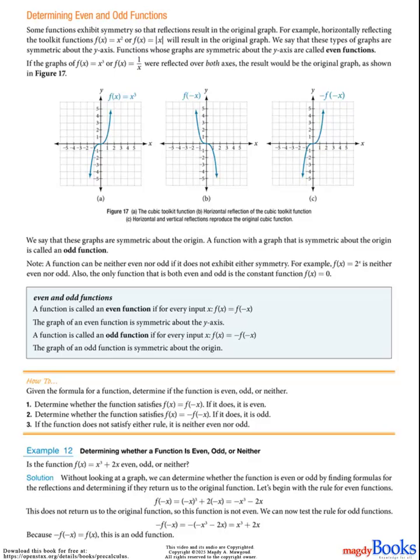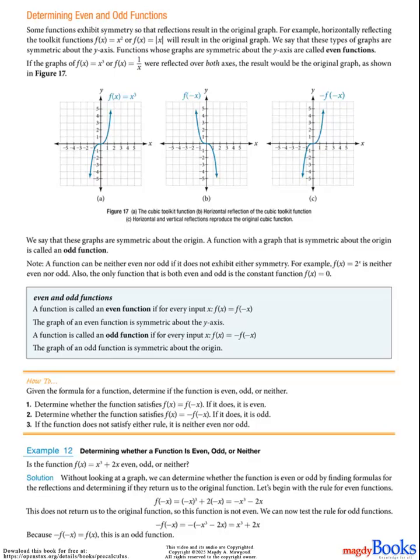We say that these graphs are symmetric about the origin. A function with a graph that is symmetric about the origin is called an odd function. Note: a function can be neither even nor odd if it does not exhibit either symmetry. For example, f(x) = 2^x is neither even nor odd. Also, the only function that is both even and odd is the constant function f(x) = 0.